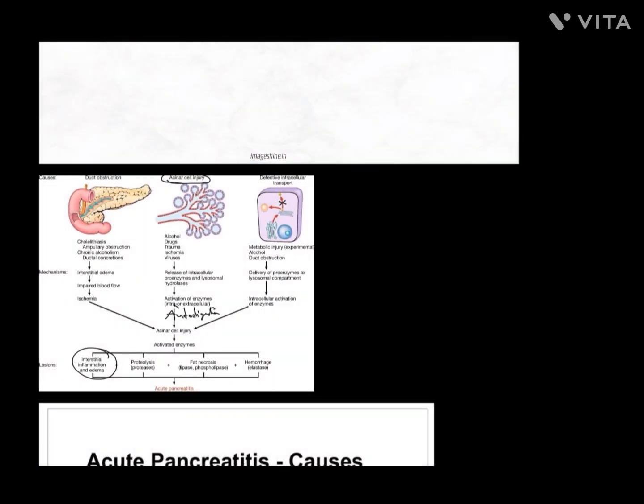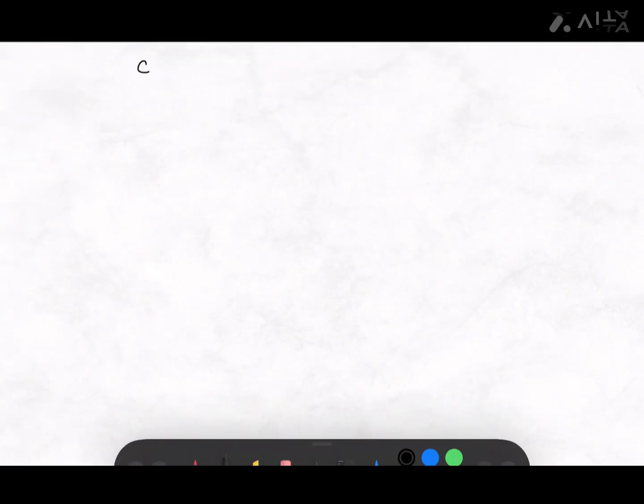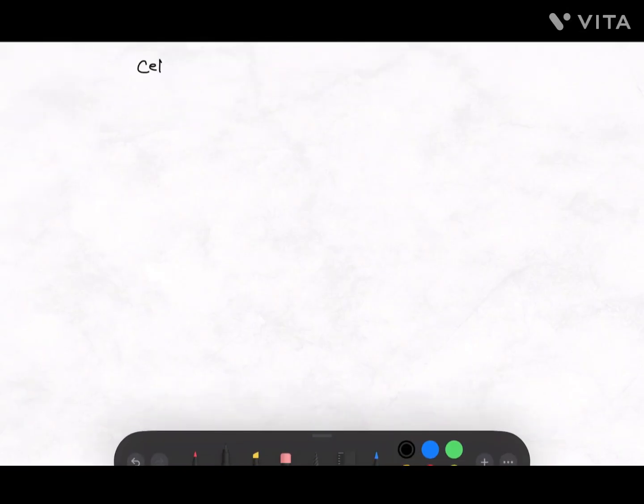Okay. Another thing, we have some cellular events.